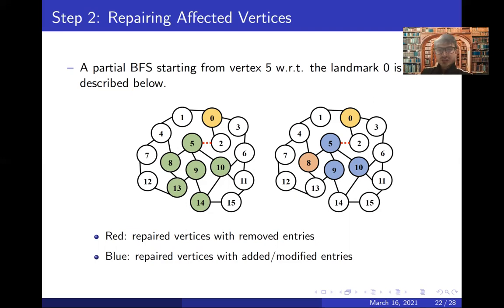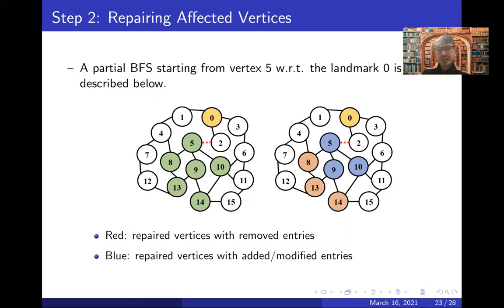So we just remove the entry for 0 from the label of 8. And we repair the label of 9 and the label of 10 by adding the distance entry for 0 in their labels. Then we move to affected vertex 13 and vertex 14. And we can see that these vertices are covered because of the presence of landmarks in their shortest paths.